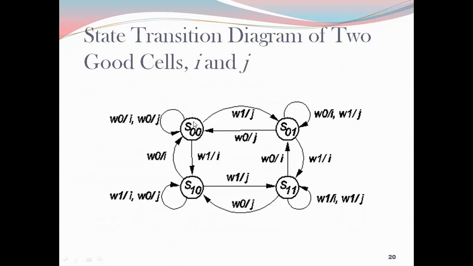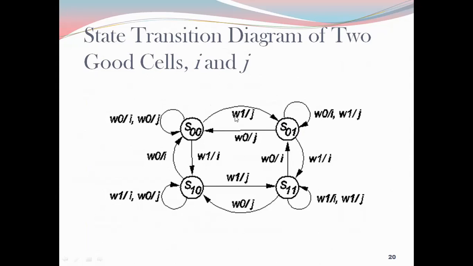For example, S00 tells that my victim cell has value 0, and my aggressor has the value 0. S01 tells that my aggressor has the value 1 and my victim has the value 0. And these arrows from one state to another show the transition.